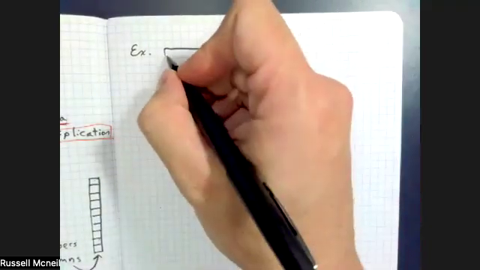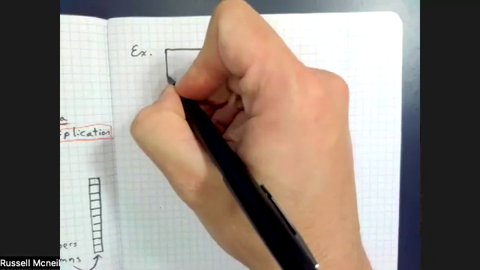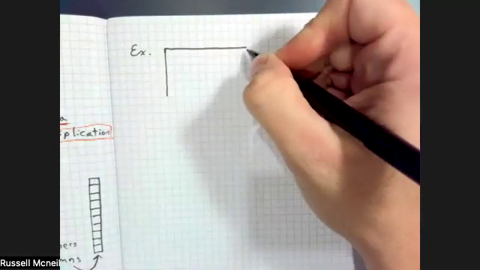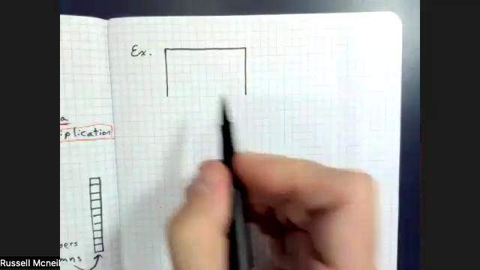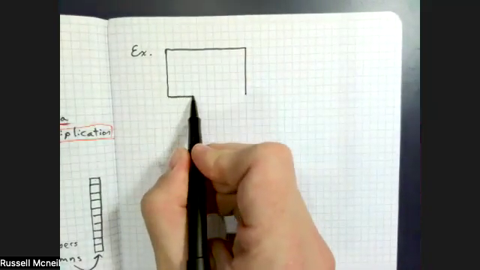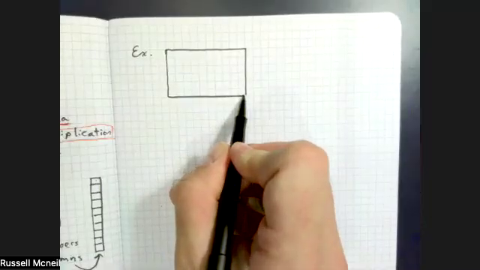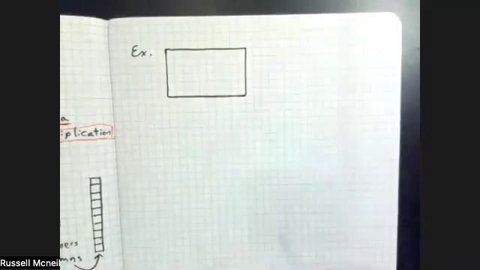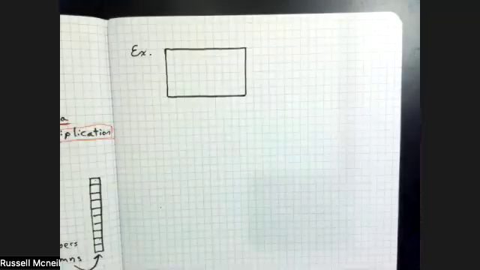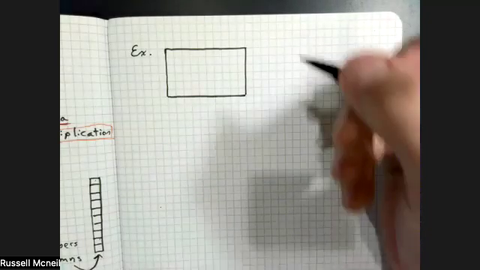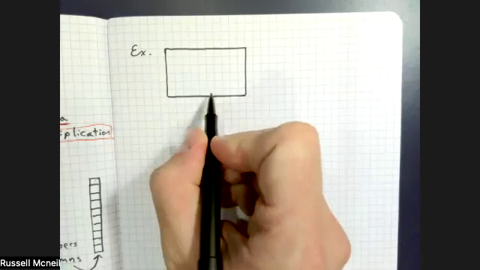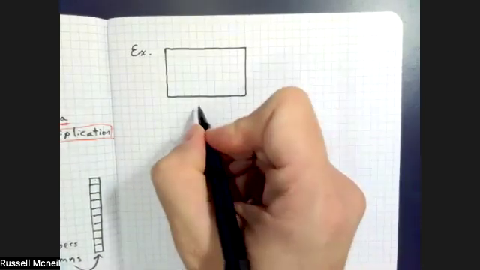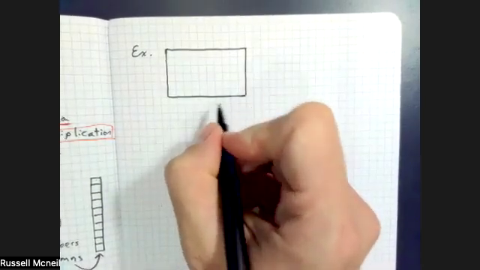For those of you using a notebook that does not have grids, you may want to use a ruler, but whatever we label the length and width is what we're multiplying, so get it as close as you can. I'm going to be accurate on this one because I've got the grid. I've got 1, 2, 3, 4, 5, 6, 7, 8, 9, 10.